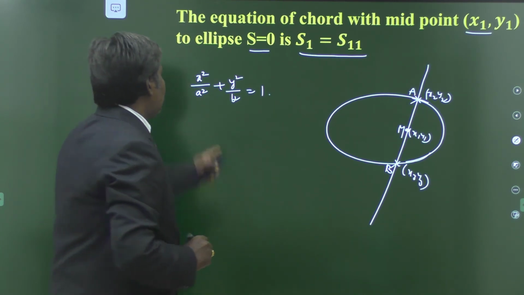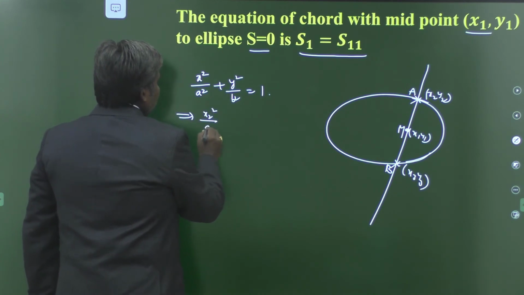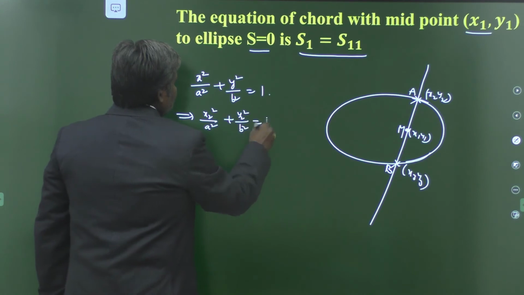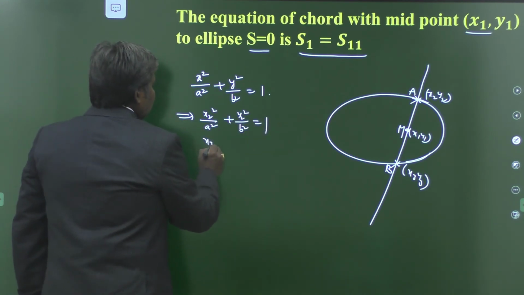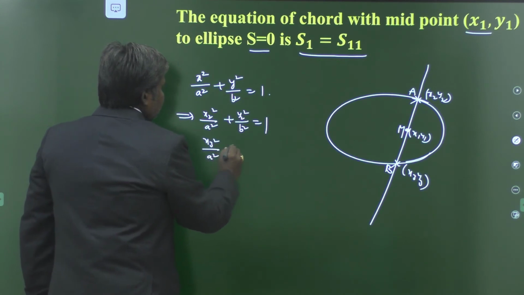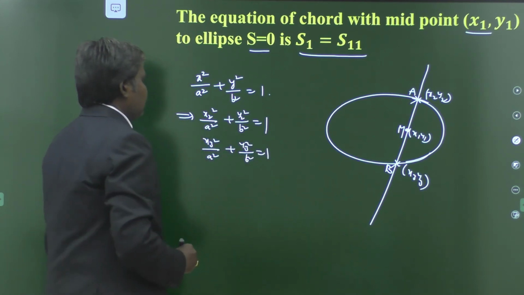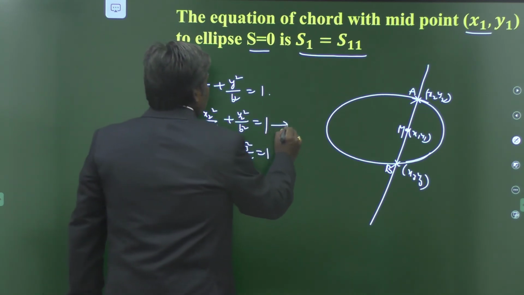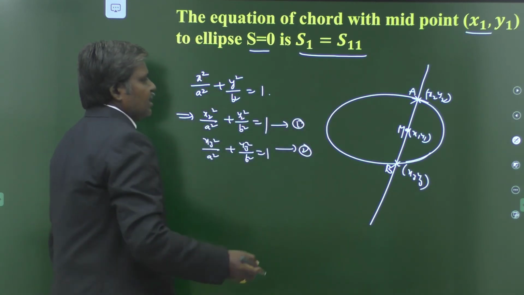Now (x2, y2) lies on this ellipse. What happened? x2 square by a square plus y2 square by b square is equal to 1. Similarly, we have x3 square by a square plus y3 square by b square is equal to 1. This is the other condition. So this is equation number 1, this is equation number 2, because these 2 points lie on your ellipse.